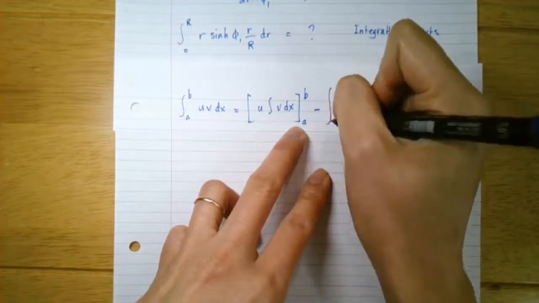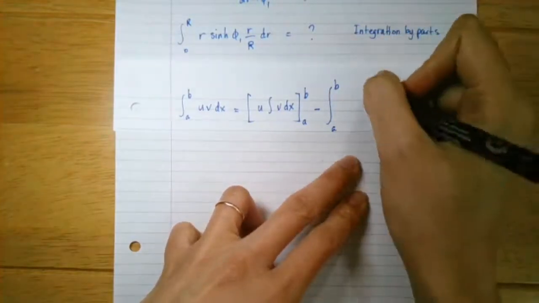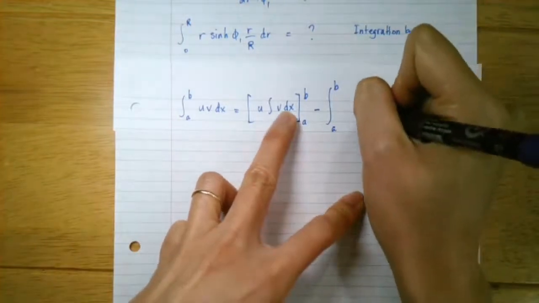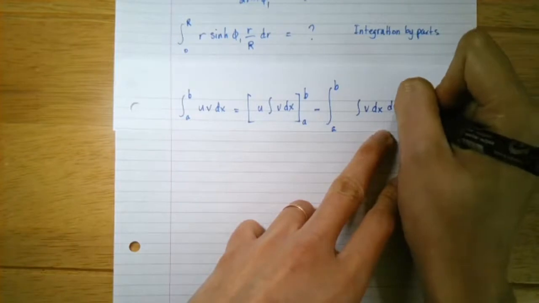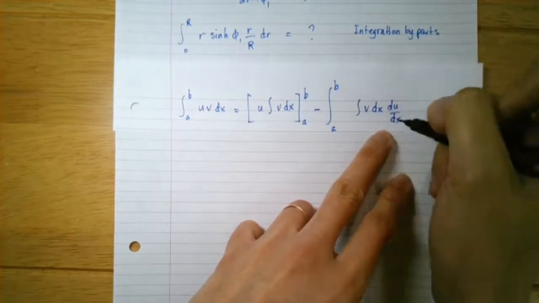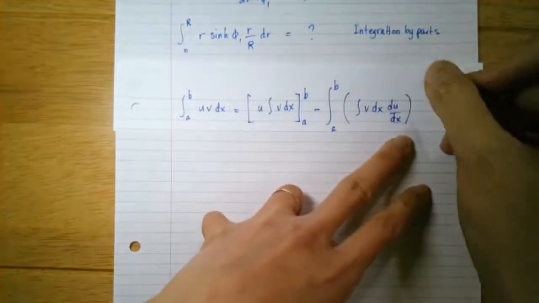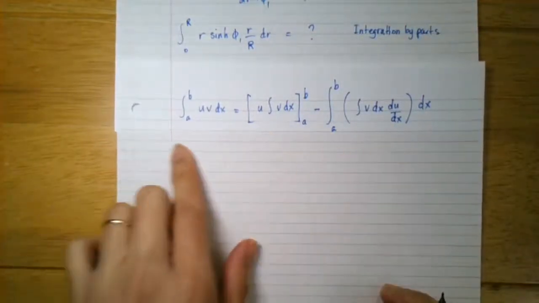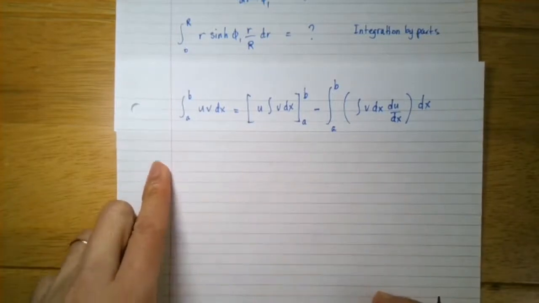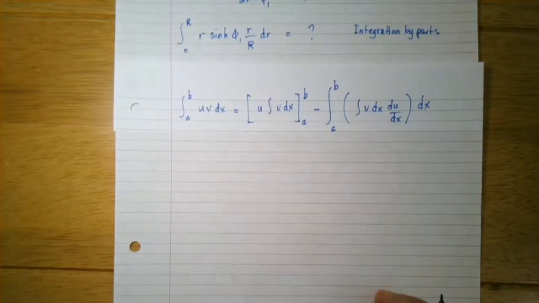So we have the integral from a to b, and then the inner integral, so we have the integral of v dx times du/dx, and then we have an outer integral. Okay, so this is the formula from the maths revision sheet. I hope you remember how to integrate by parts.